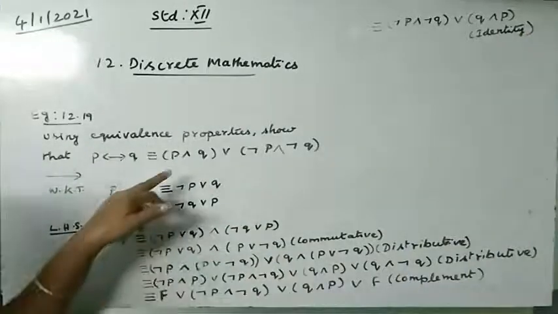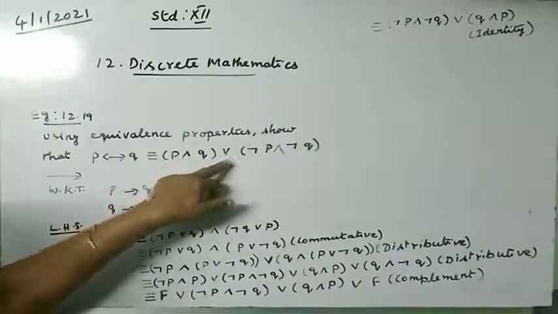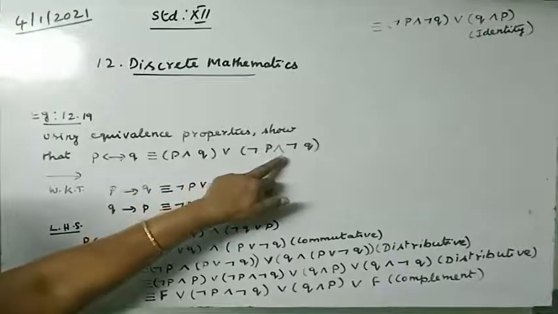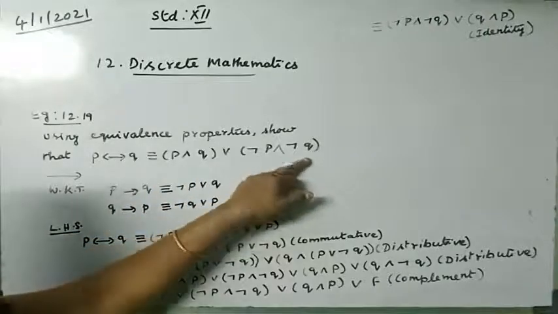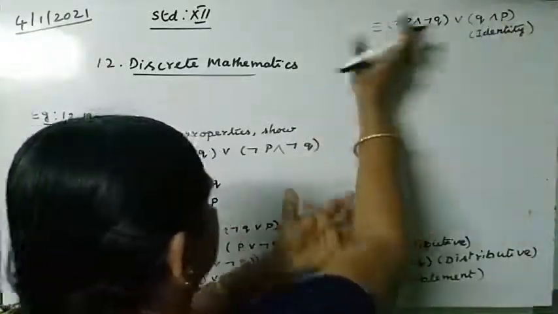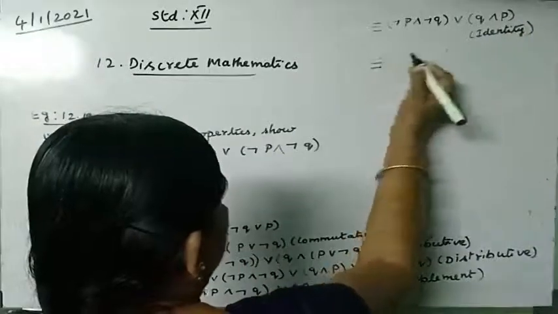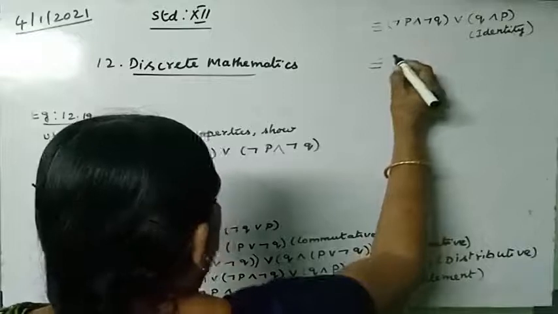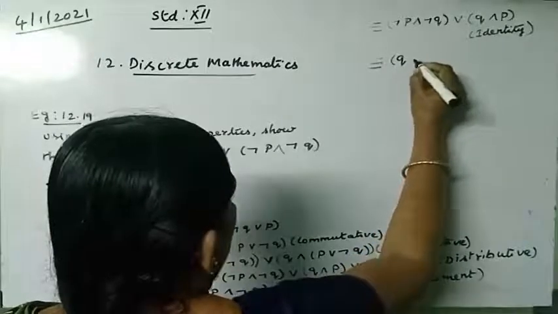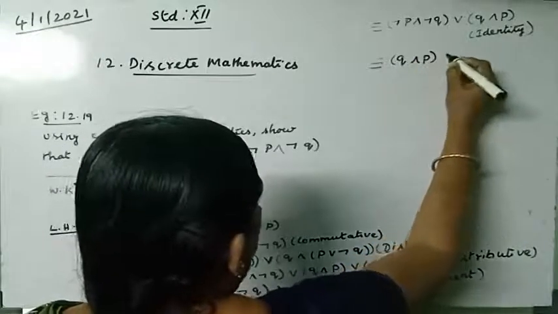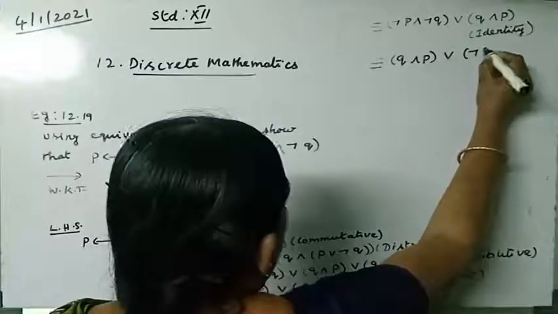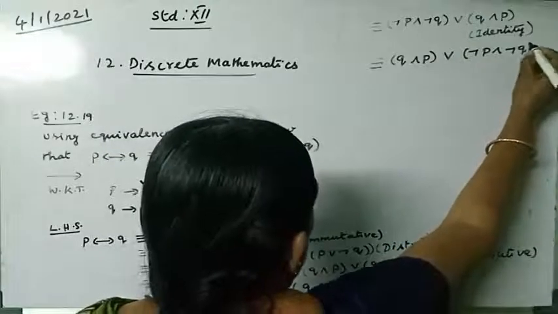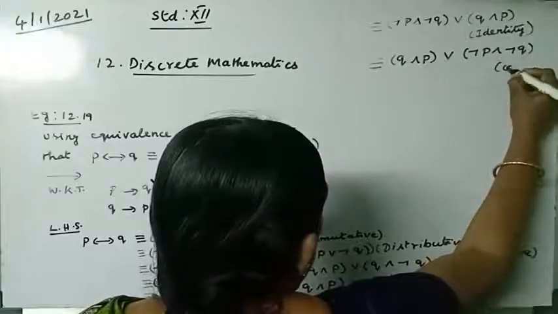Now what is the result here? Q and P union negation of P and negation of Q. அப்படியே இங்க மாத்தி இருக்கு. ஸோ இதை அப்படியே மாத்தி எழுதும்போது we can use commutative law. Commutative law யூஸ் பண்ணும்போது இதை இந்த சைடு எழுதிக்கலாம். So that is Q and P or negation of P and negation of Q. This is commutative law.